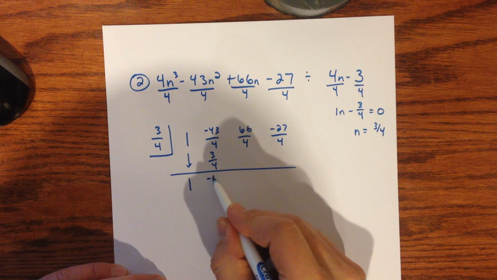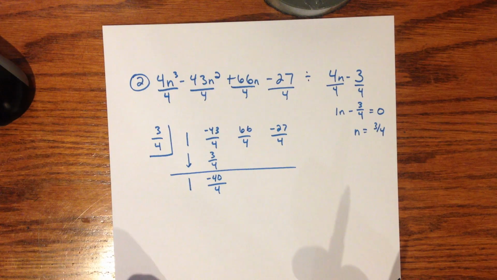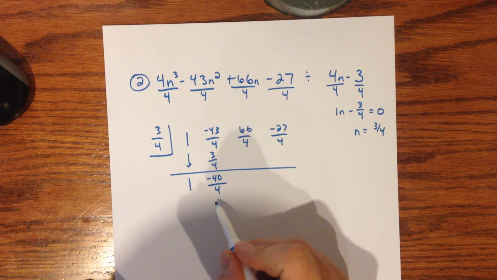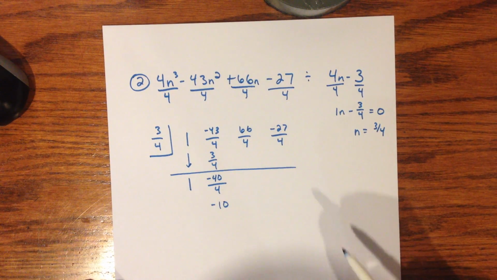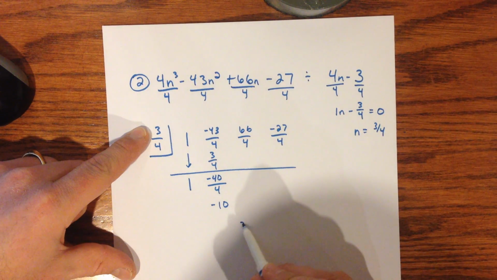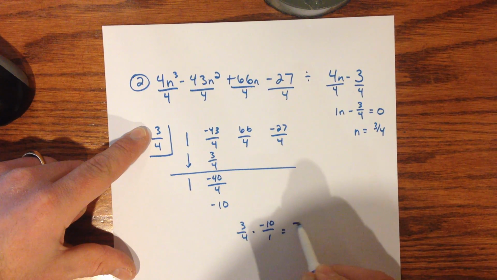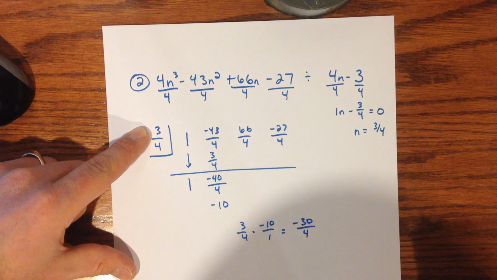Add those two together, you get negative 40/4, which is just negative 10. Negative 10 times 3/4: 3/4 times negative 10 over 1 is negative 30/4.